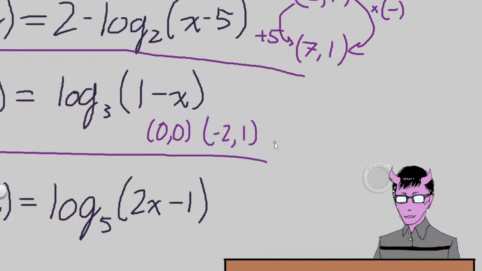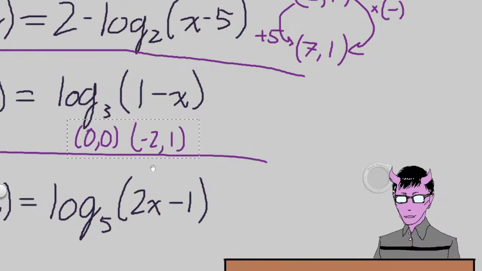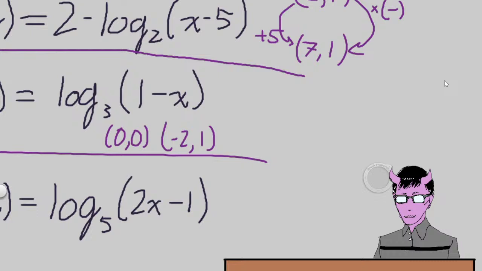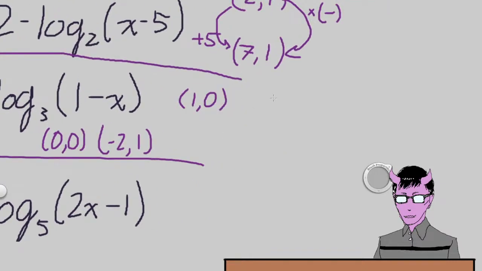But again, if we're trying to use transformation rules, what do we do? So we're going to start off with 2 parent, unshifted, untransformed anchor points. So 1 comma 0. That's the first one, and then the second one is going to be b for base. The base is 3.